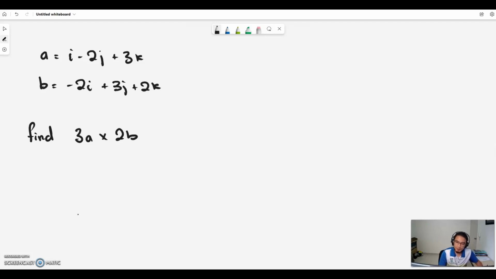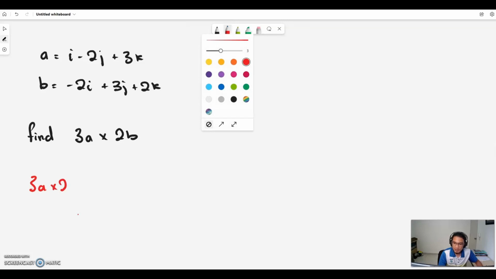In order to solve this one, instead of multiplying the vector A with 3 and vector B with 2, and then doing the cross product and the determinant process to find the vector of 3A cross 2B, you can just simplify this equation of 3A cross 2B.